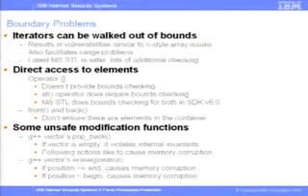Iterators can be walked out of bounds unless you're using a secure STL, and these result in vulnerabilities similar to C-style array issues. And as you can see, they also facilitate the range problems we talked about. Also, certain containers have direct access operators, like the subscript operator, and by the spec, they don't provide bounds checking, so you can easily run into trouble there.